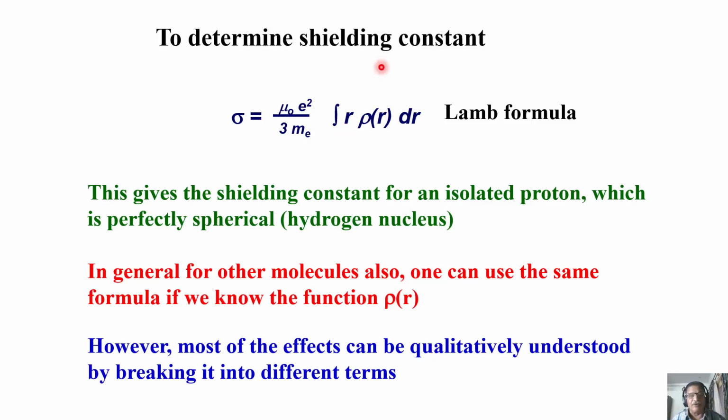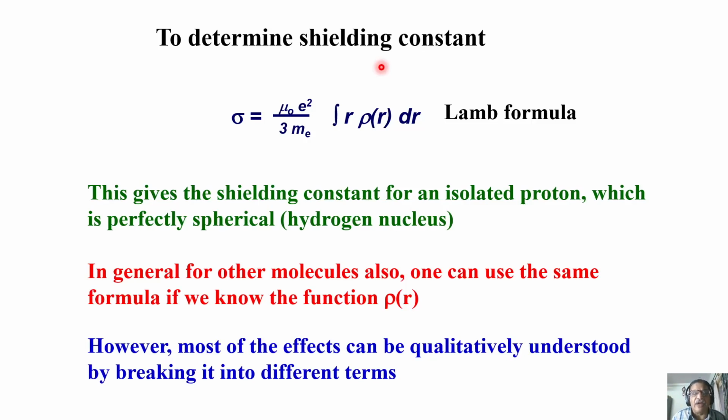As we go ahead, I will tell you it depends upon several factors: the diamagnetic contribution coming from s electrons, and paramagnetic contributions coming from p orbitals, p electrons, etc. It also depends upon the neighboring functional groups attached to the proton of our interest.